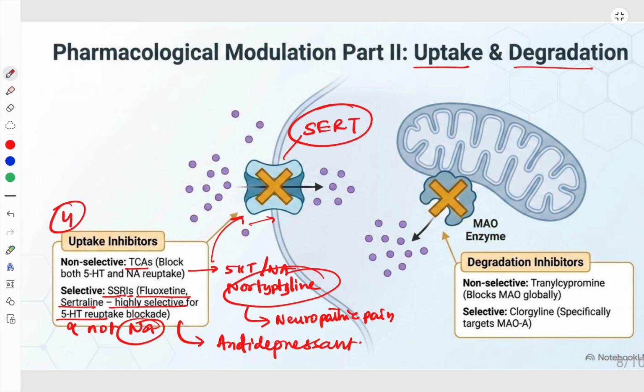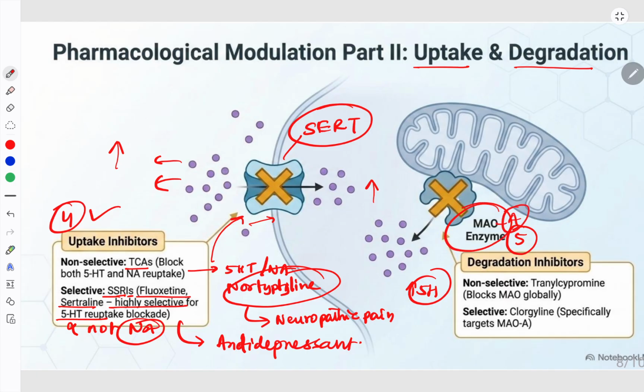The next and the last strategy is inhibiting its degradation and thereby increasing the availability of serotonin. Also remember that in this case also, uptake inhibitors increase the availability of serotonin for its binding at the receptor site. And the last strategy which increases the availability of 5-HT is by inhibiting its degradation, and the major pathway of degradation is by the MAO-A enzyme.